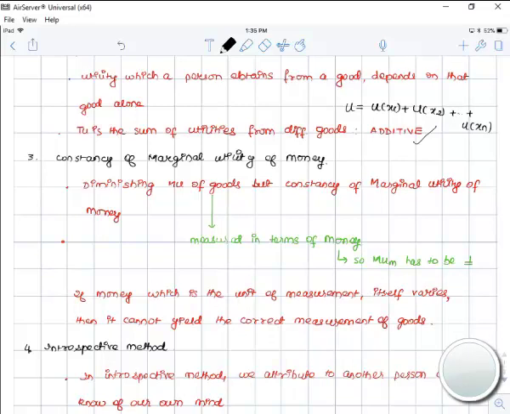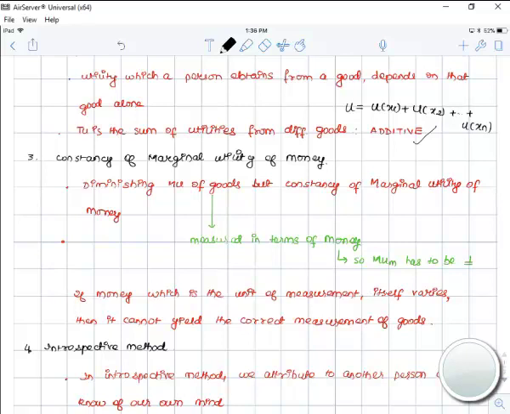When the price of the good rises, then purchasing power falls, right? So it means that the marginal utility of money will rise, right? So in these two scenarios, marginal utility is changing. But still, what Marshall has assumed is that the marginal utility of money is constant. That is not changing, right?